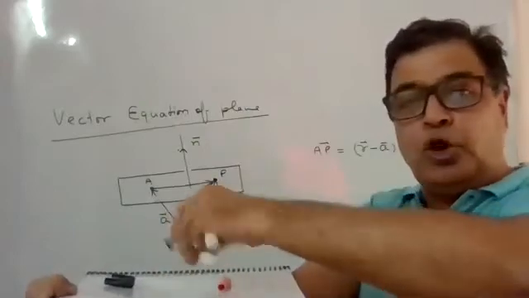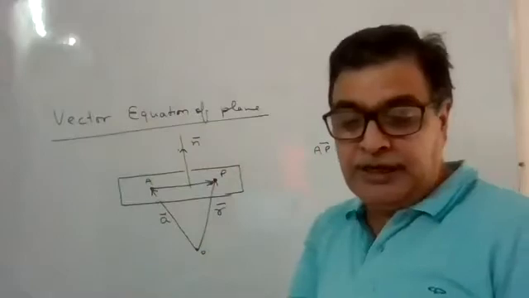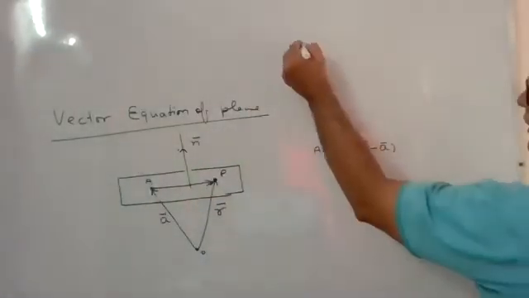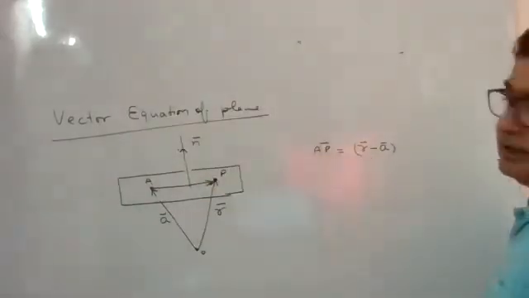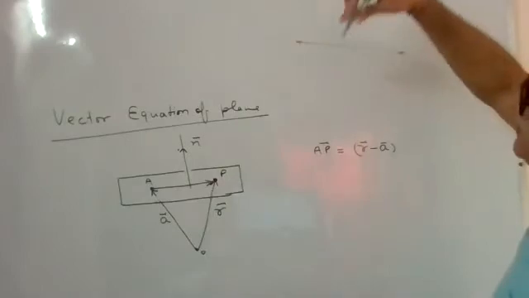In the plane, you take any 2 points and join them. This board is a plane. You take any 2 points and join them, and this is the normal we have.